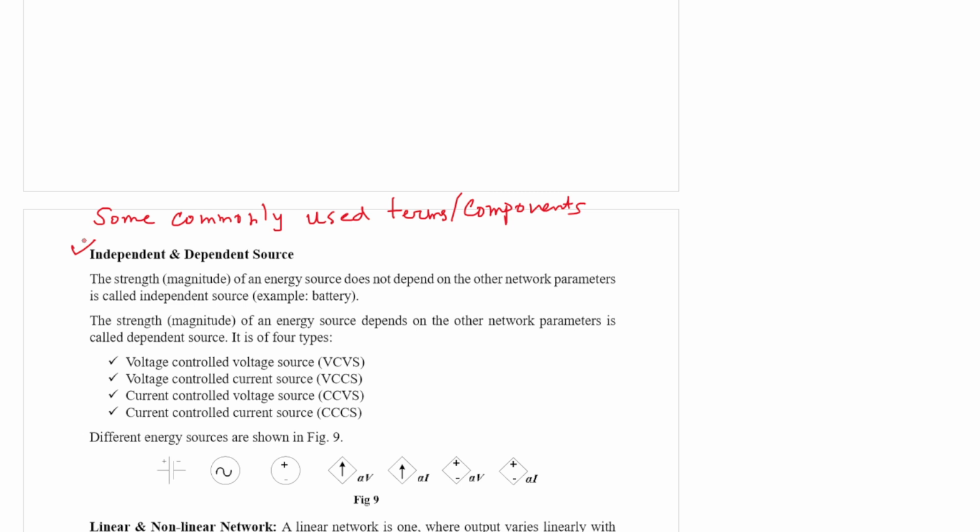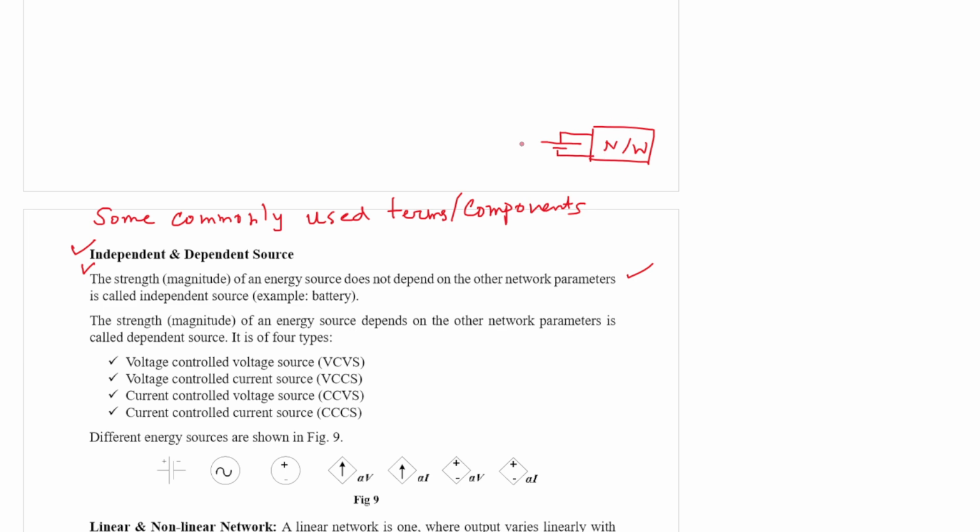Now what is an independent and what is a dependent source? The independent source is one where the strength of an energy source does not depend on other network parameters. Suppose you have a network. You have connected a battery across that network, any network.